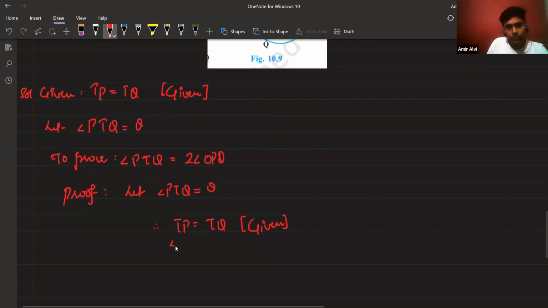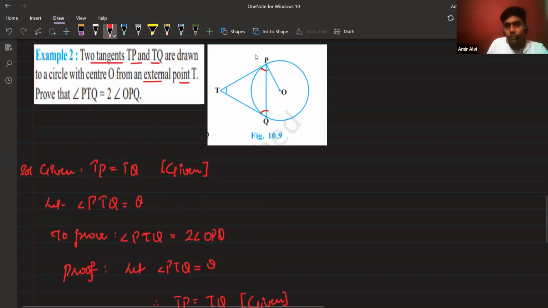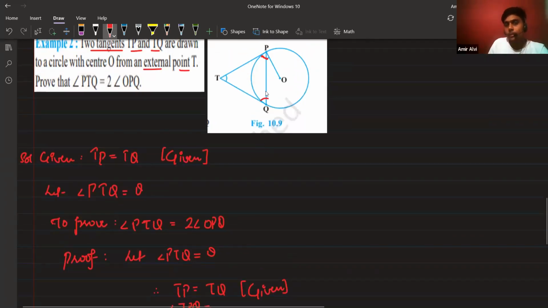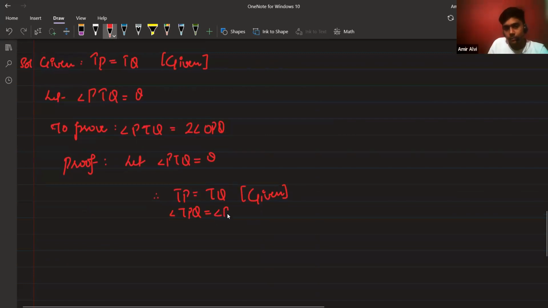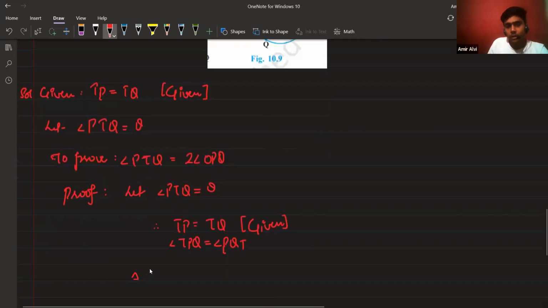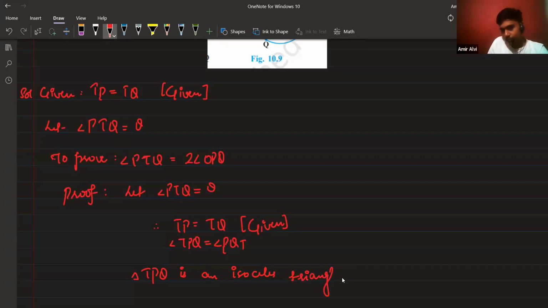So angle TPQ is equal to angle PQT, because triangle TPQ is an isosceles triangle and opposite sides and opposite angles are equal. Clear?